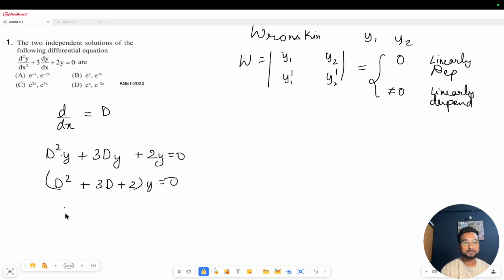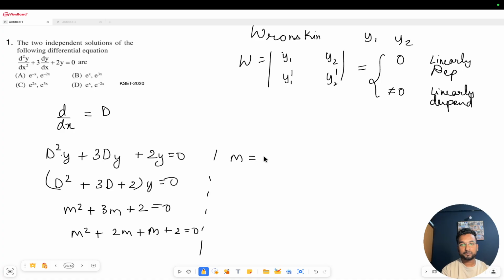So you can write this equation as m square plus 3m plus 2 equals 0. Solving this, you can write it as m square plus 2m plus m plus 2 equals 0, or you can use the Sridharacharya formula.